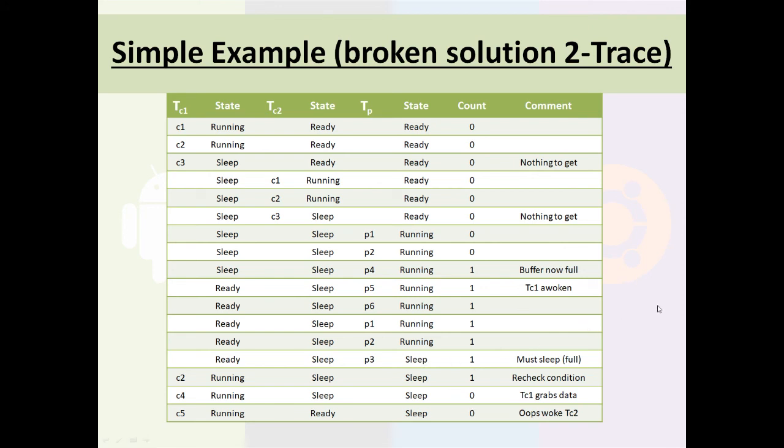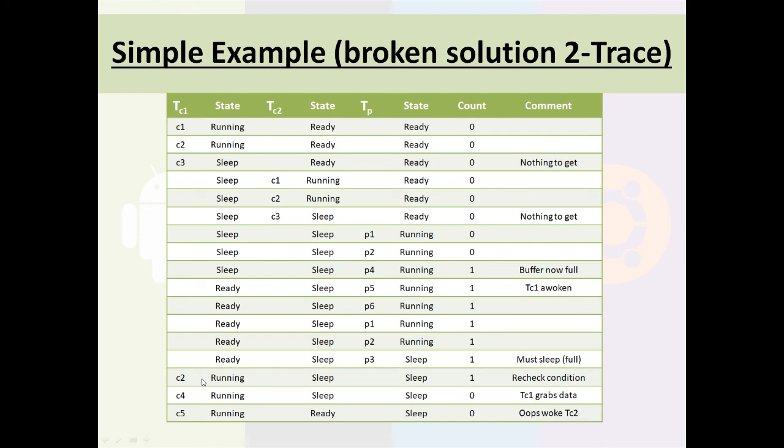Okay, so where are we at the moment? Well, we have one consumer ready to run and two threads sleeping, that being TC2 and TP. Now we're about to cause the problem, right? The consumer TC1 then wakes, and it wakes by returning to C2, and it rechecks the condition.